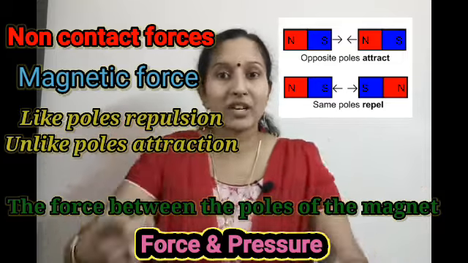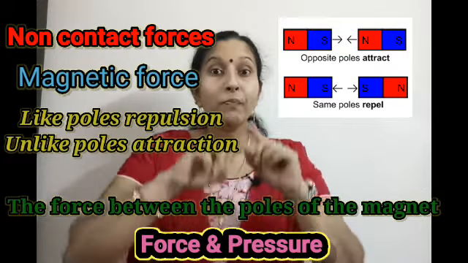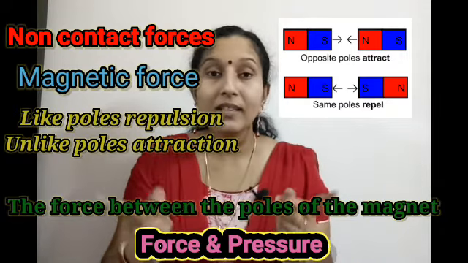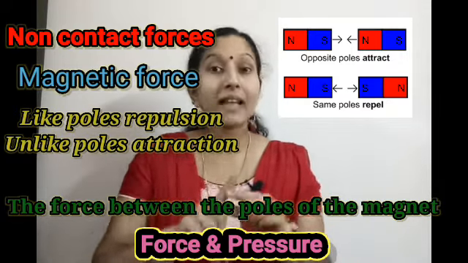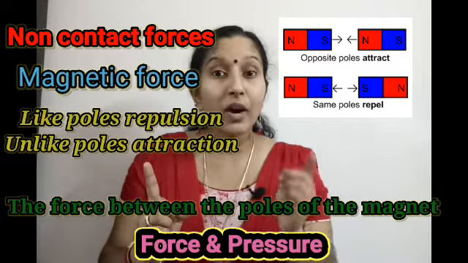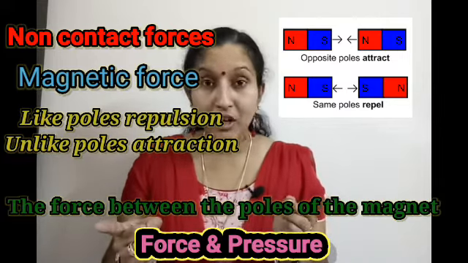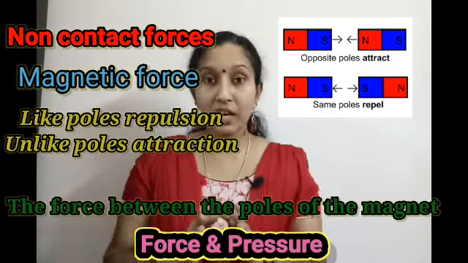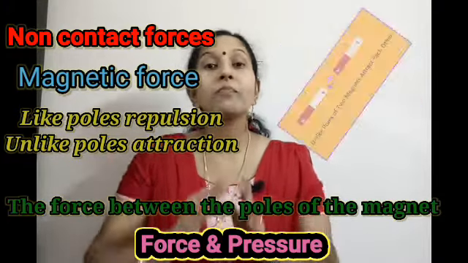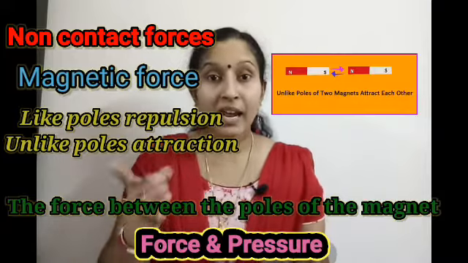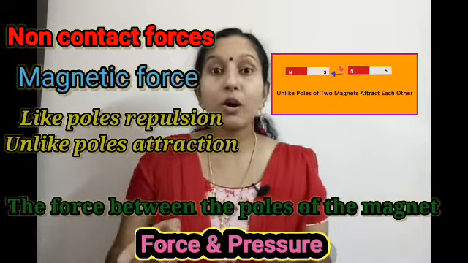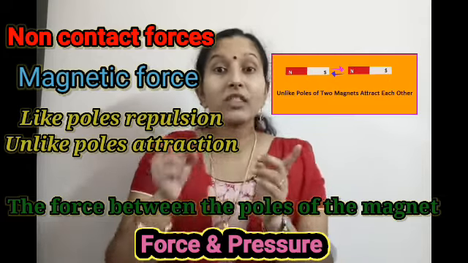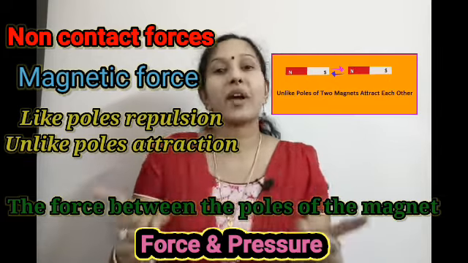So unlike poles, South and North, show an attractive force, and like poles, North and North or South and South, show repulsion.